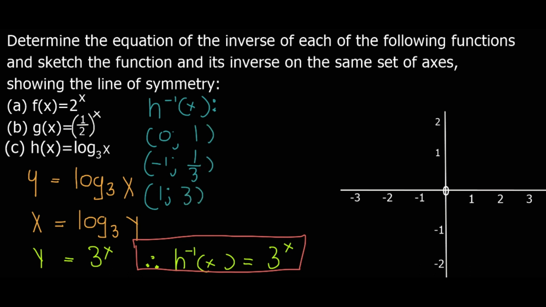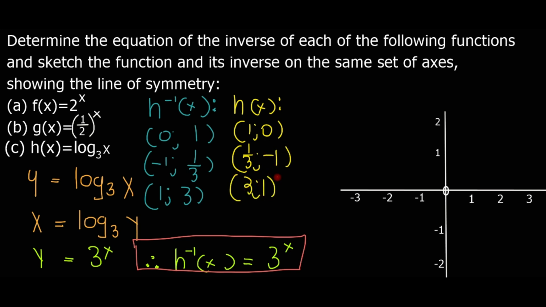And then now we can see that this original one will be very easy. So we have 1 and 0, 1/3 and -1, 3 and +1. But remember it's still possible, and then this inverse one, we interchange the points.